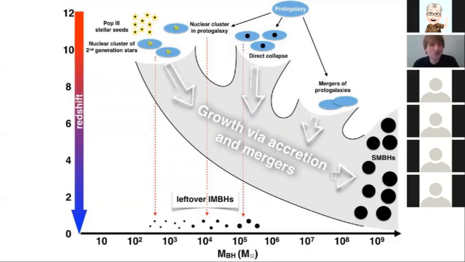I won't talk too much about that, but these are some of the other ideas, besides, of course, rapid sustained accretion onto more typical Pop III stars that people have been talking about.